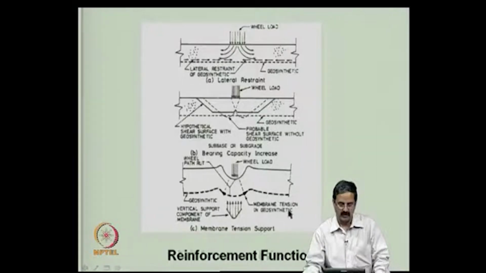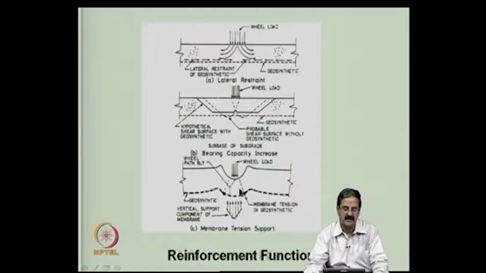The membrane tension in the geosynthetic acts like this, and so there is some resistance here, though we do not assume so much interaction, just the membrane, like a balloon. This is also valid in the case of very soft soils where the friction is quite low.